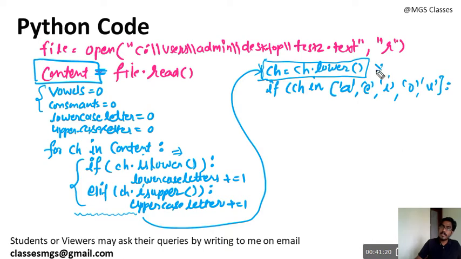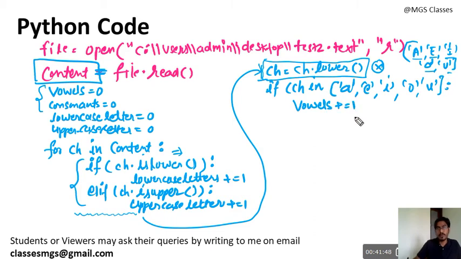If you don't write this line, then include capital A, E, I, O and U also in this list. Remember this. Some students don't want to write this line; then you need to explicitly include both capital and small letters in this list, otherwise it will not work. In that case, we will increment the vowels: vowels plus equals to 1.